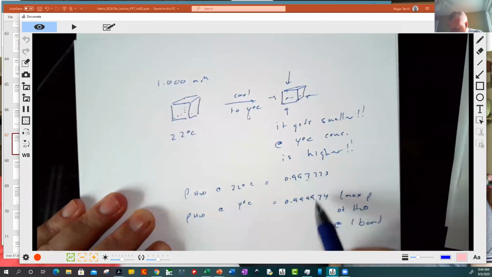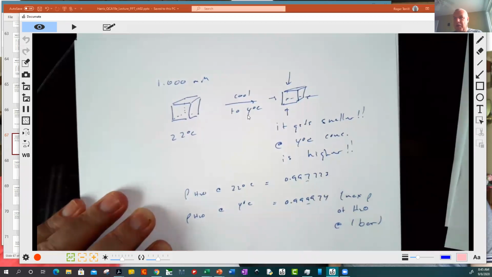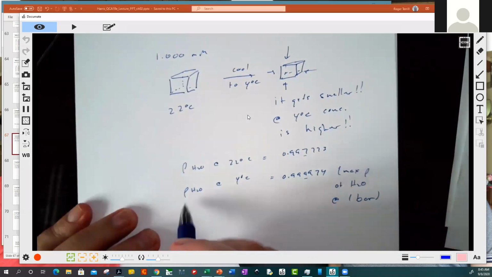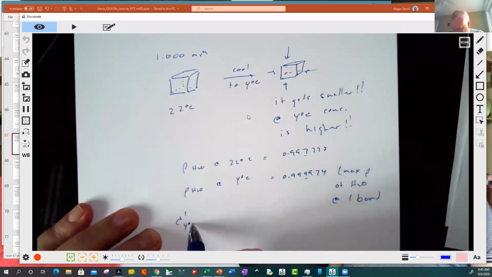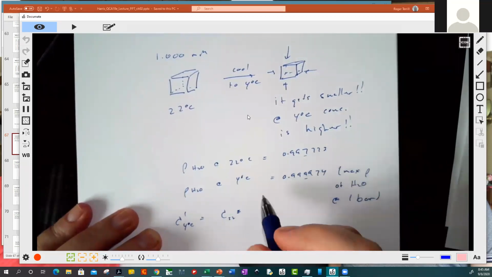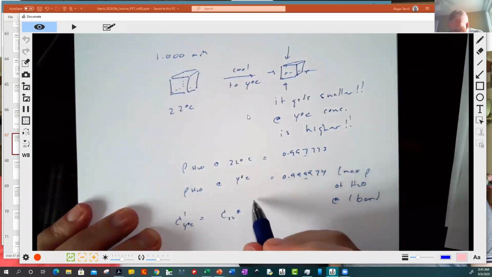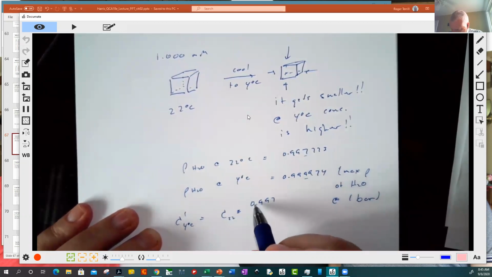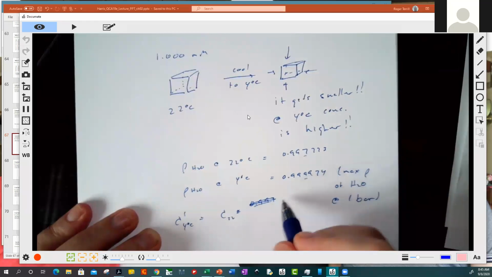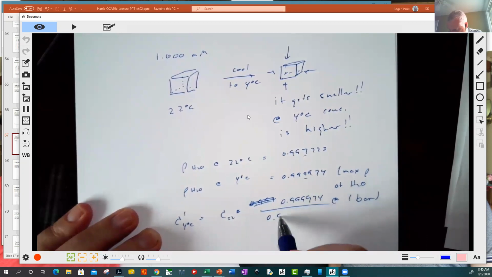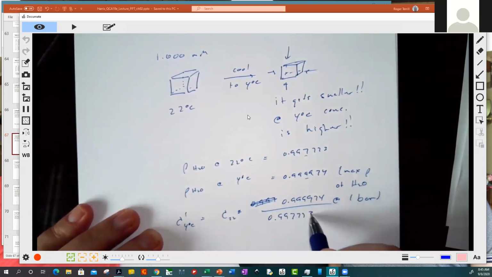So basically, this digit here, this changing from the 7 to the 9, that'll make 3 parts per thousand difference in the concentration. So C prime, this is at 4 degrees C, equals C 22 times the density at 22, which is 0.99773, over 0.999974.